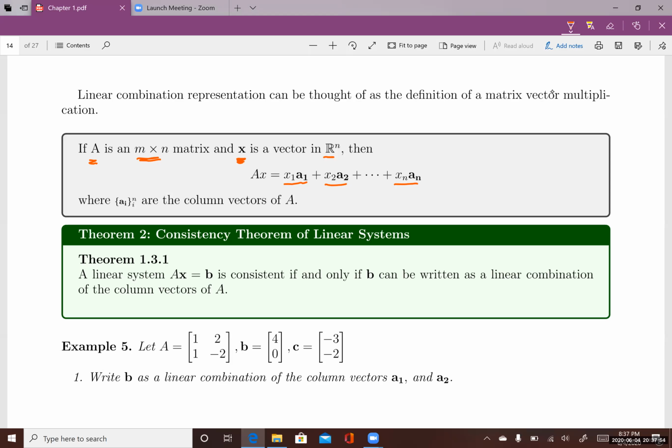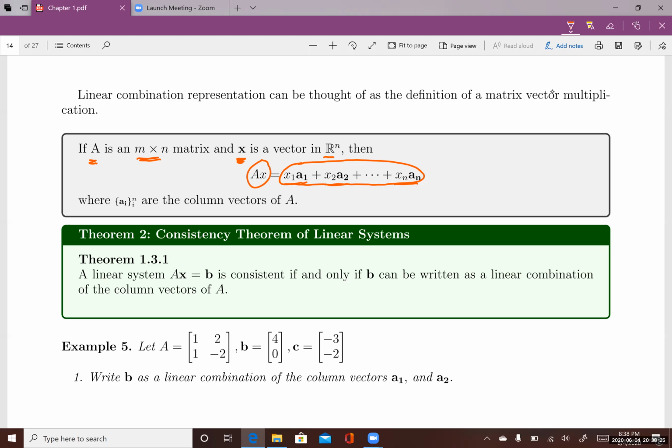Then we can talk about the next theorem, the consistency theorem of linear systems. So we know that Ax here is a linear system of equations, right? And x1A1 plus x2A2 plus xnAn is the result of A times x.